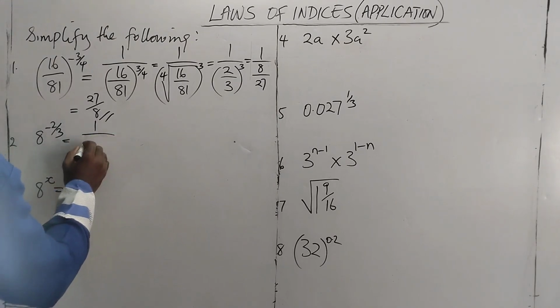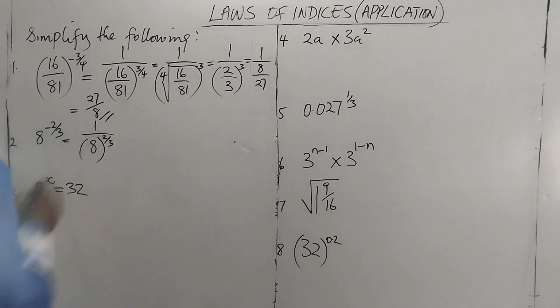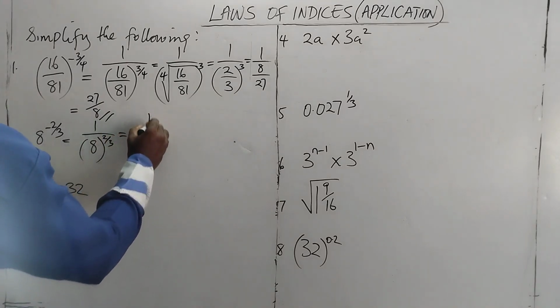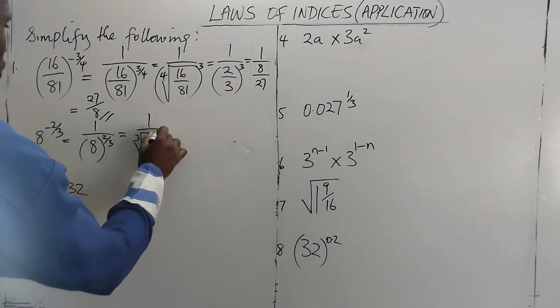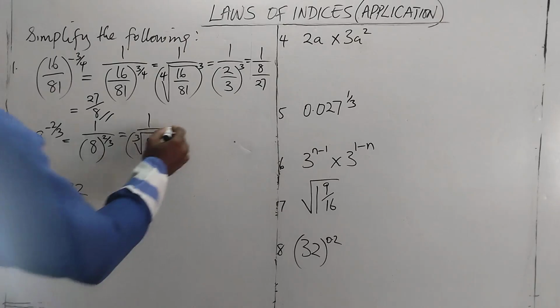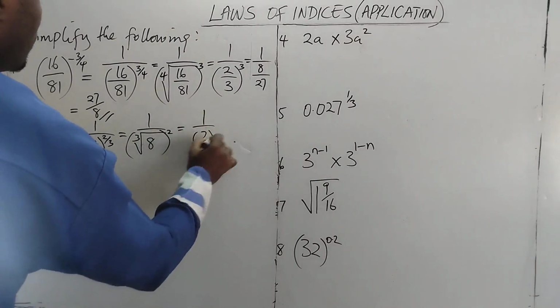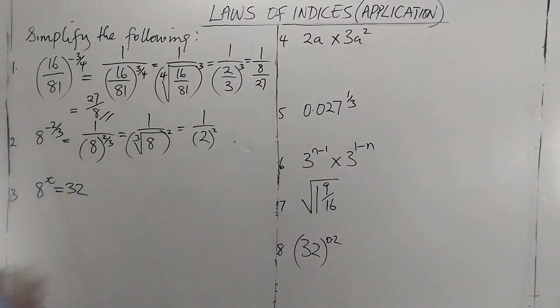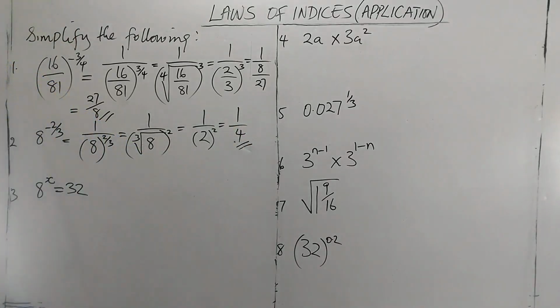You still interpret it like this, and going further, you have this cube root of 8 raised to power 2. Cube root of 8 will give you 2 raised to power 2. And this will give us 1 over 4 as our final answer.